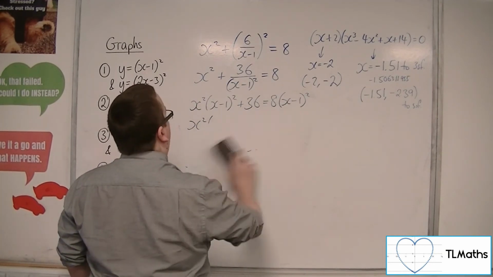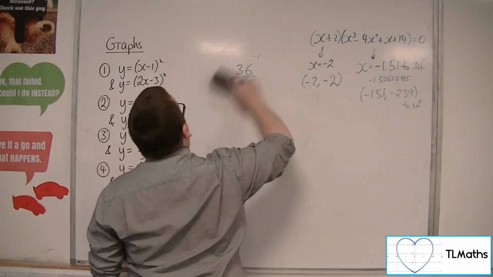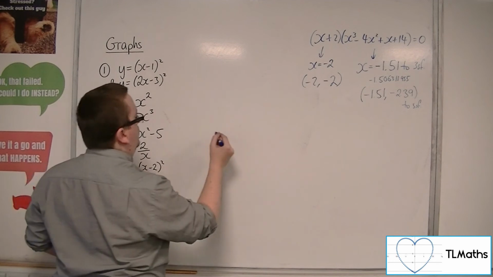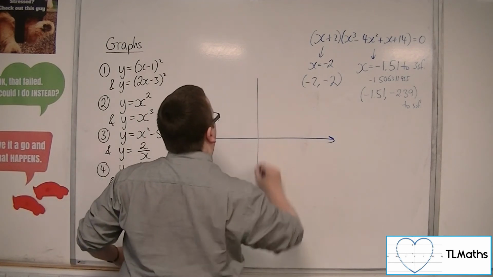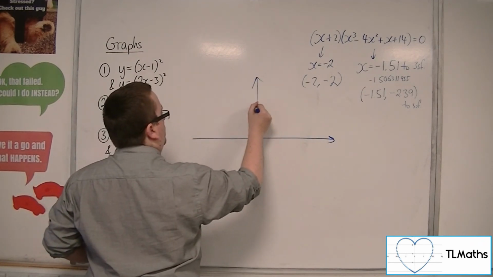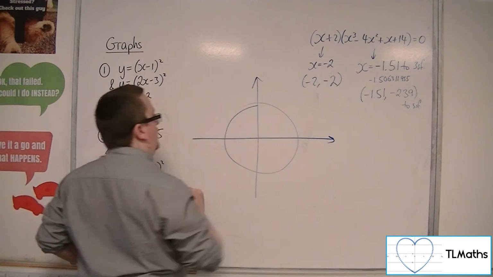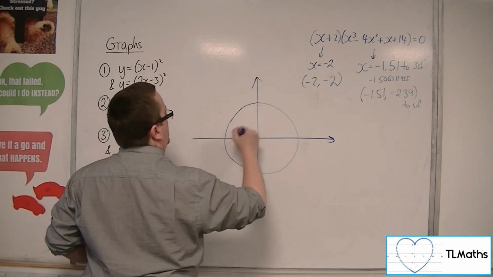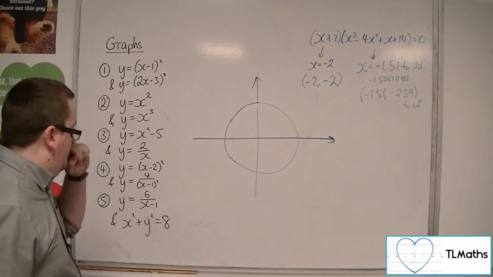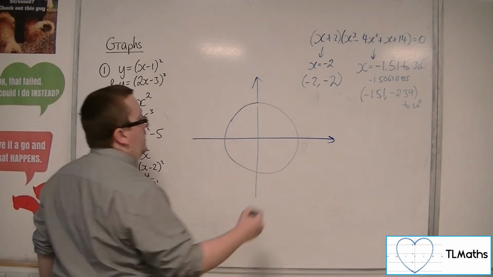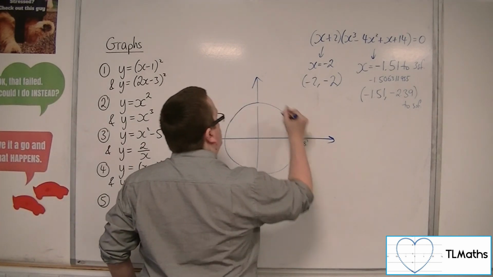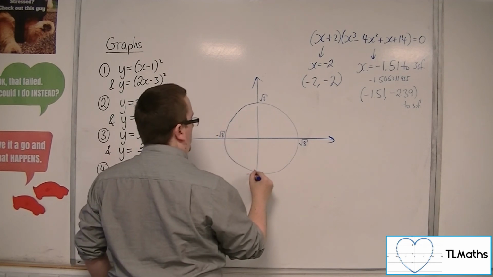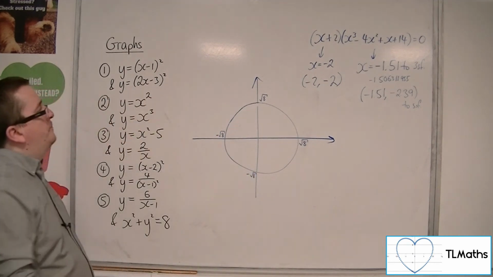So visually, what's going on? Now, visually, we have a circle. Not very good. That'll do. Let's tidy it up. So something like that. So there is my circle. It's got a radius of root 8.